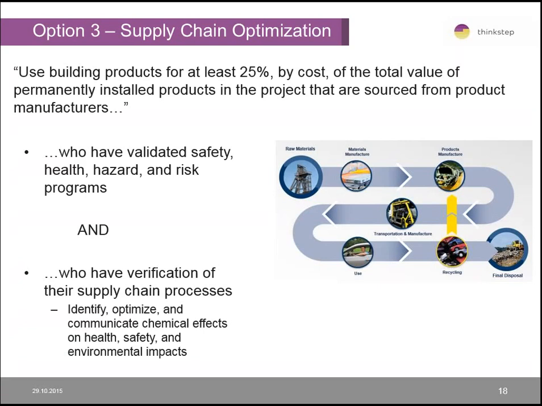We're essentially looking to identify, optimize, and communicate those effects of chemicals throughout the value chain. And so as more interpretation becomes available on how to achieve this credit, we'll pass that along as well.